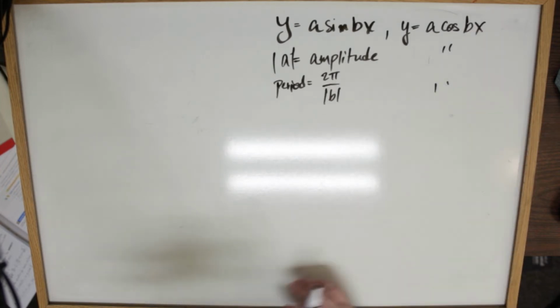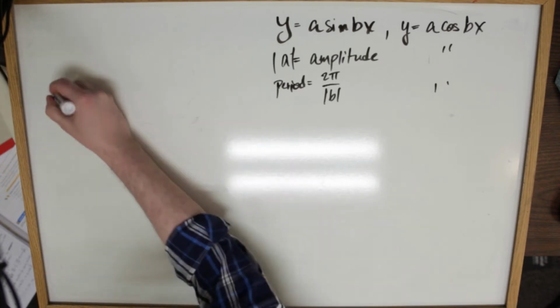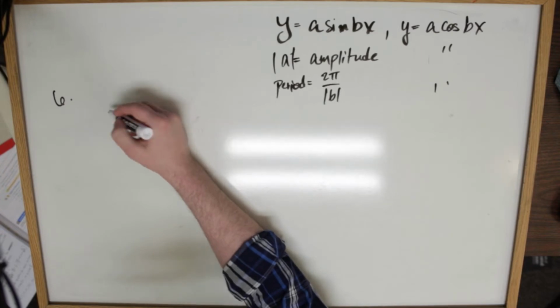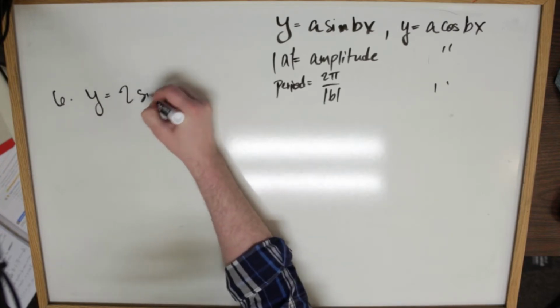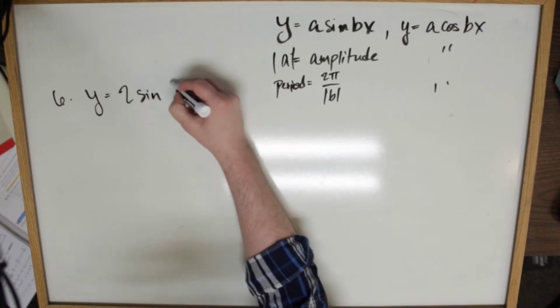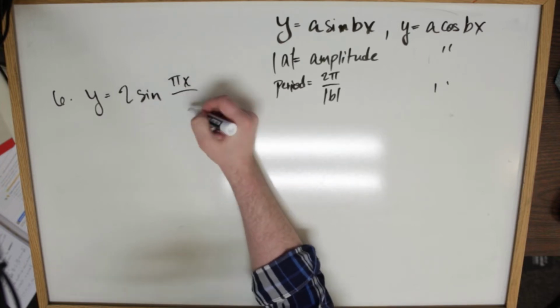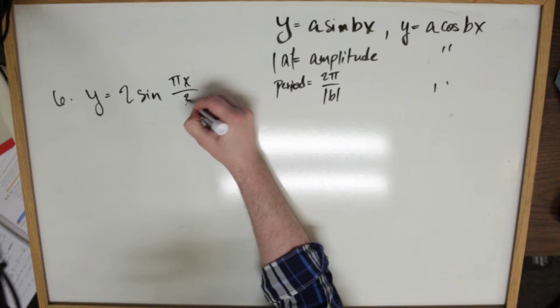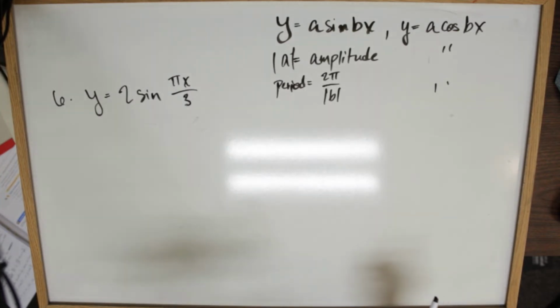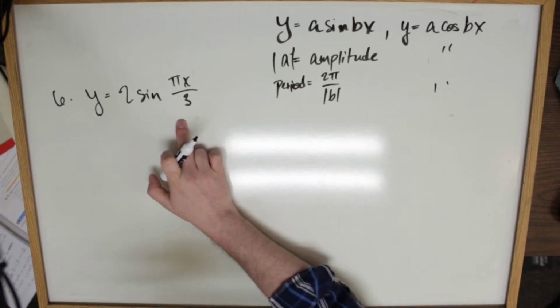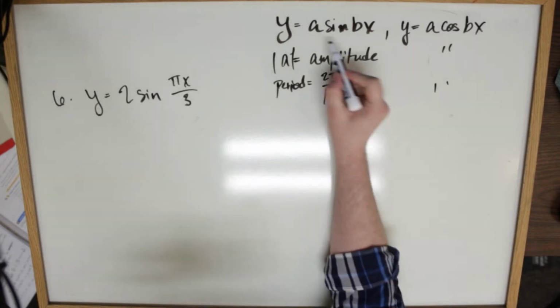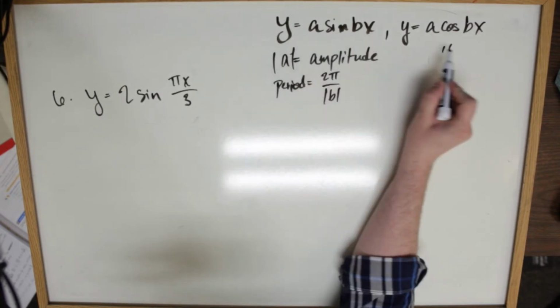All right, so now that we know that, let's go ahead and take a look at a problem. So let's look at number 6. Here they give us y is equal to 2 sine of pi x all over 3. Now, one thing I recommend doing is to try to mirror these equations similar to the standard ones up here.